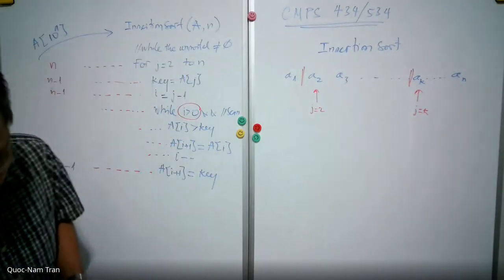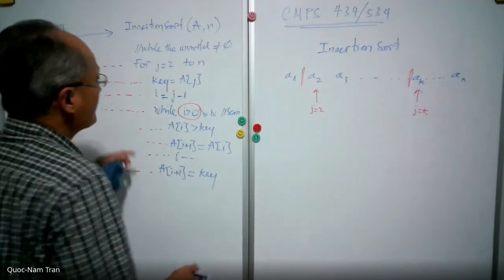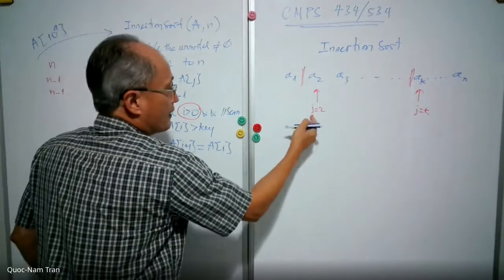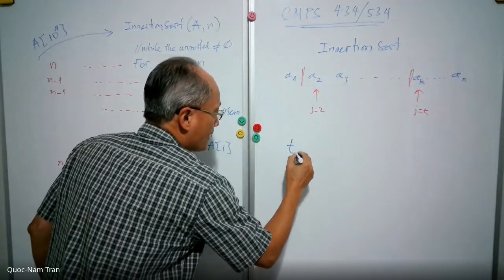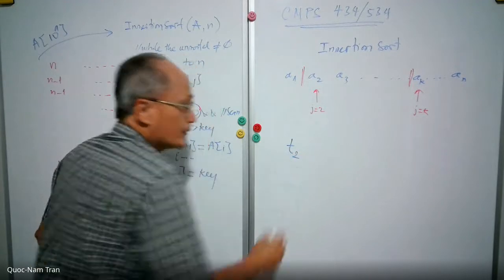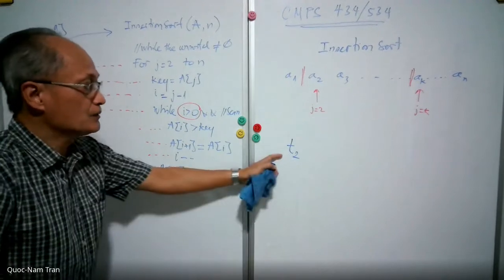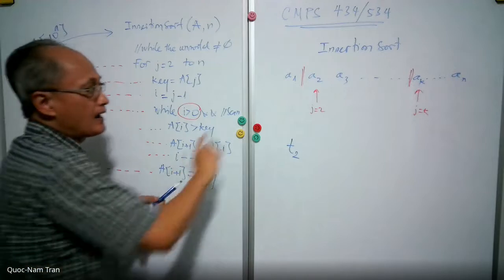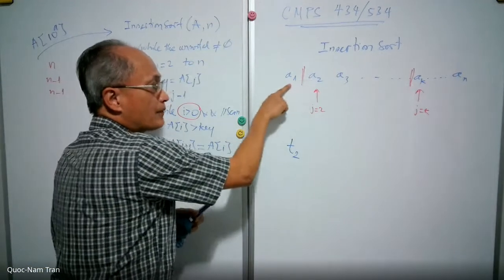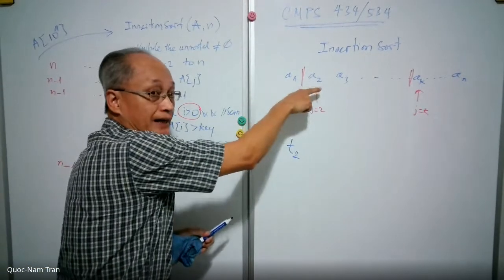So that said, for a value of j starting with 2, T2 is the number of elements we have to move to the right.